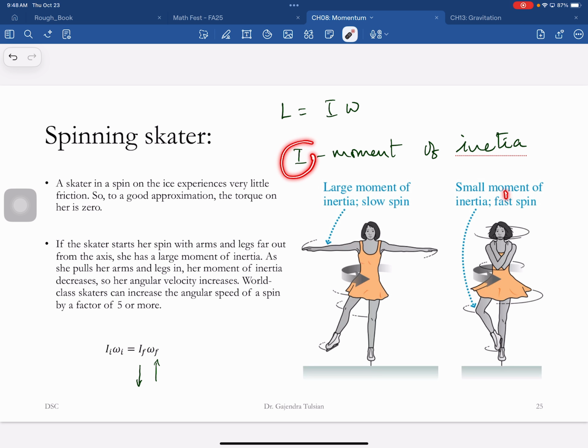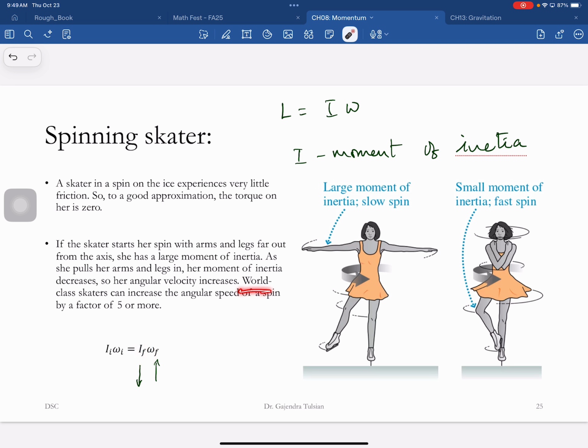So in this configuration, the moment of inertia decreases, and so your angular velocity increases. This phenomenon can be explained using this conservation law. It would be very hard to explain using any other laws, like Newton's laws. So that's what we mean by that. Moment of inertia decreases and angular velocity increases.